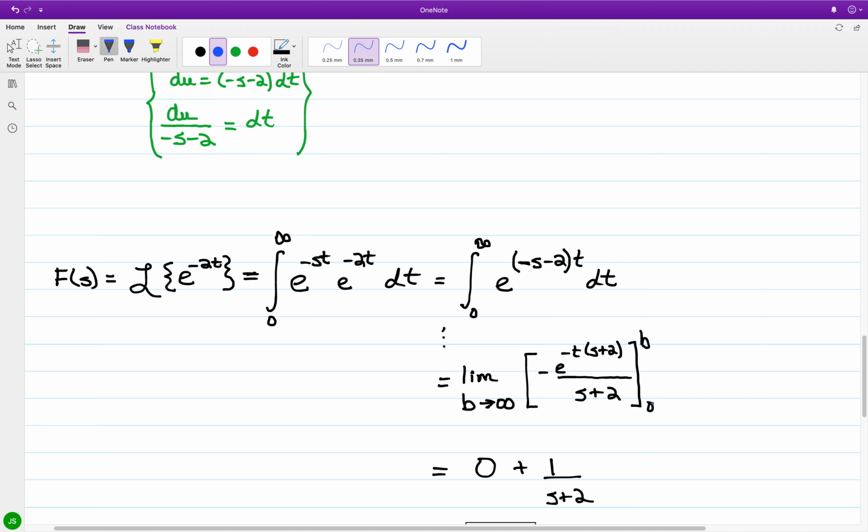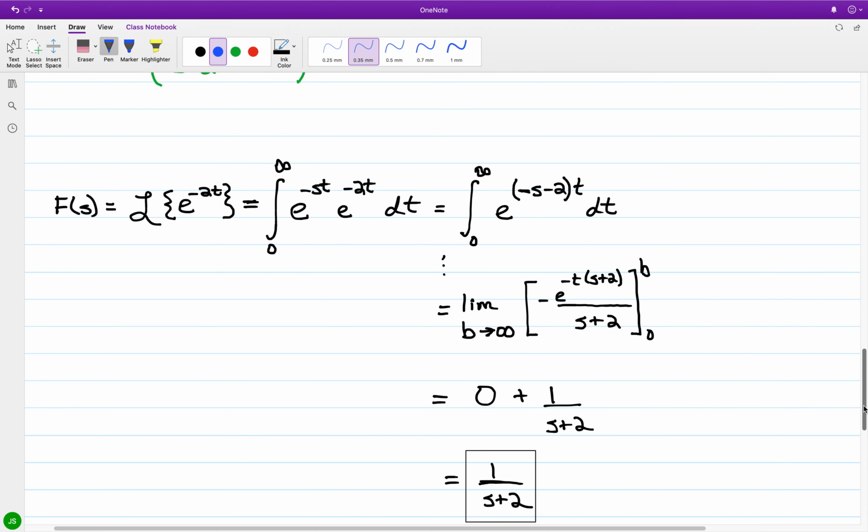And again, with t set to 0, we have e to the 0 over s plus 2. And so we have minus, and e to the 0 is going to be plus 1 over s plus 2. So the Laplace transform of e to the negative 2t comes out to 1 over s plus 2.